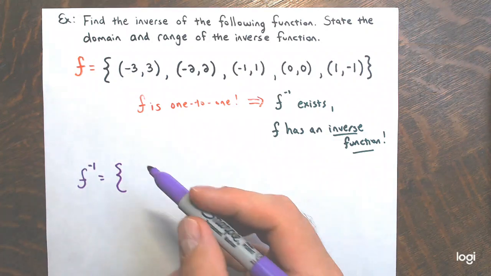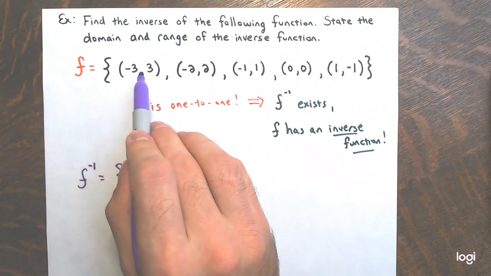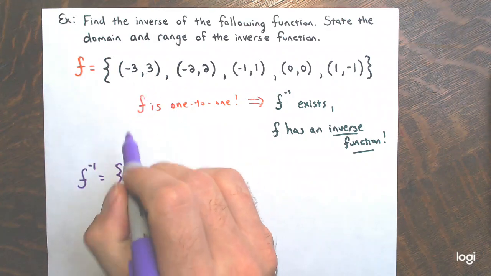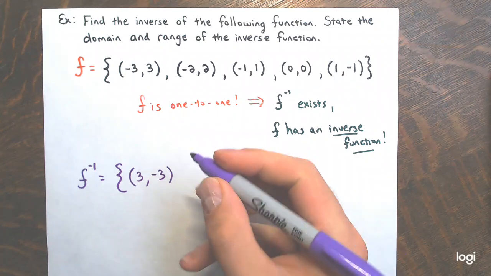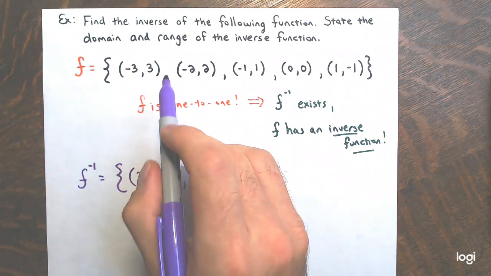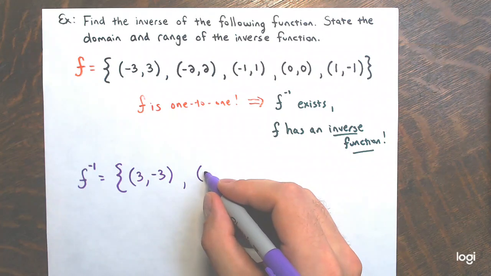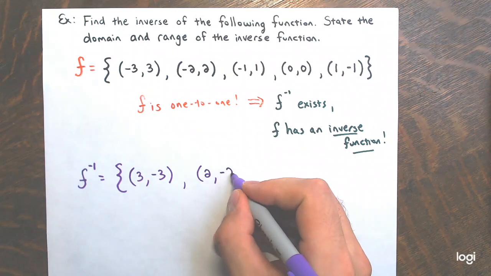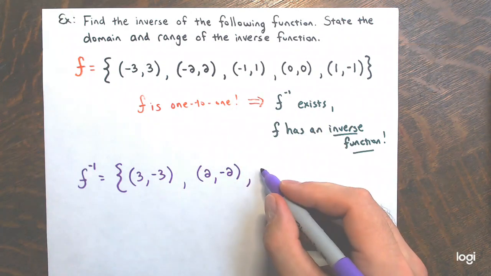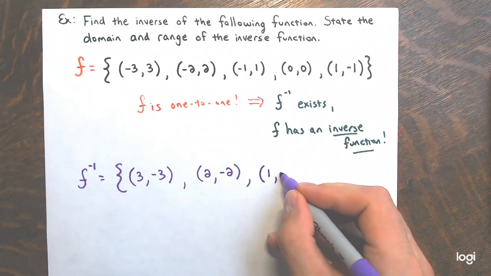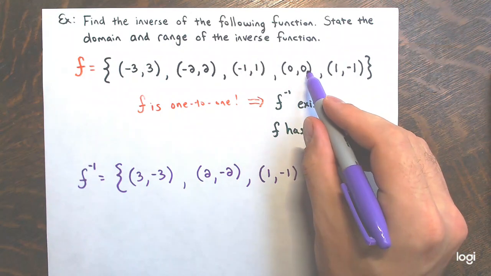switch the coordinates. So in f you have -3 mapping to 3. In f inverse you'd have 3 corresponding to -3. In f you have -2 corresponding to 2. In f inverse you'd have 2 corresponding to -2. -1 maps to 1 in f, 1 maps to -1 in f inverse. 0 maps to 0 in f.